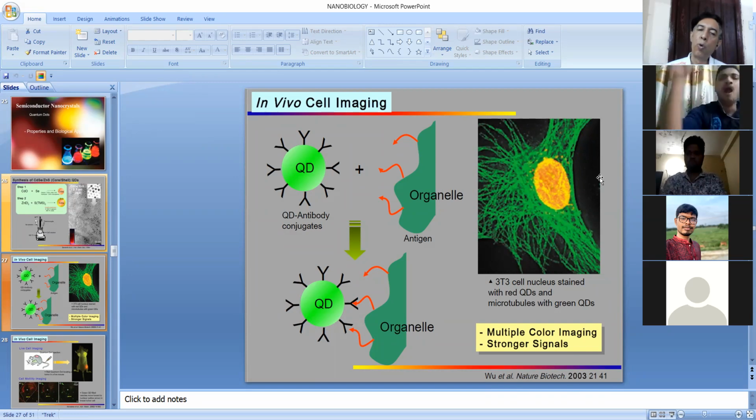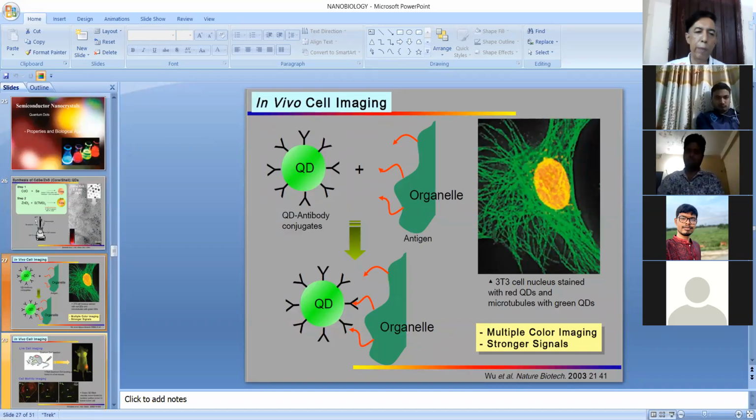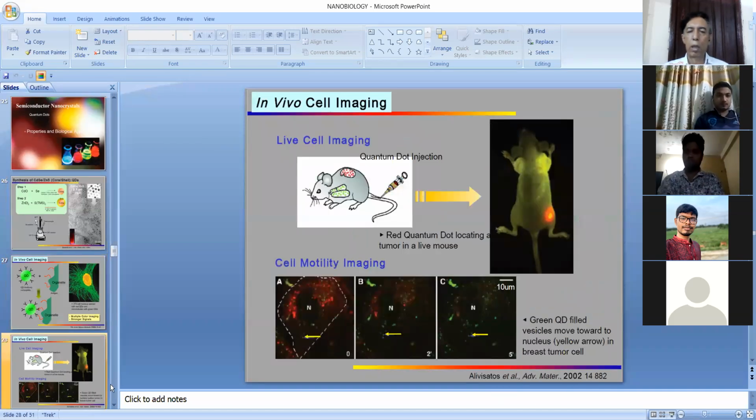So what is the requirement of this? You see here, this is a rat, and this rat has a tumor here.